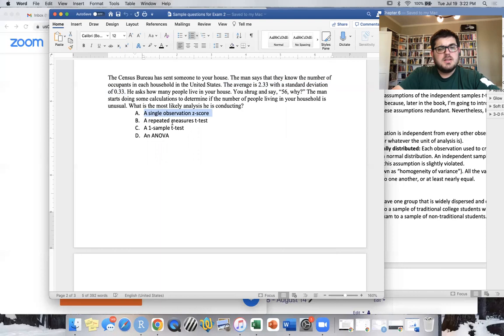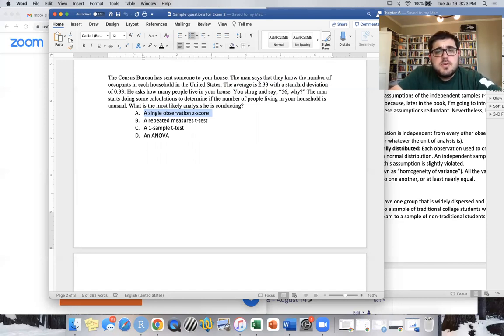And I don't have the option to do a group Z test. But just to help you learn the difference, a group z-test would be used if you visited a bunch of specific houses from a specific neighborhood or a type of house and got a sample mean of how many people live in those houses, and then compared that sample mean to the population mean.